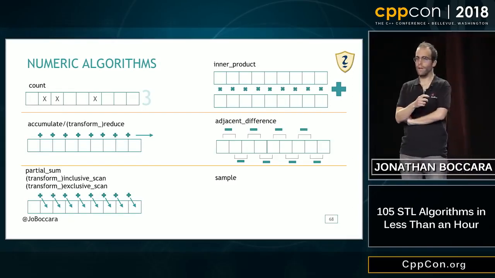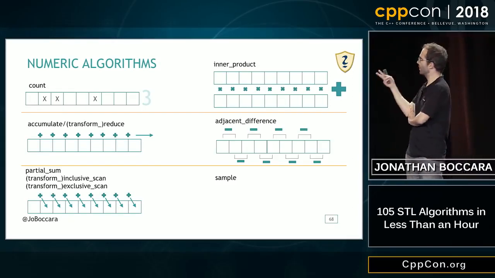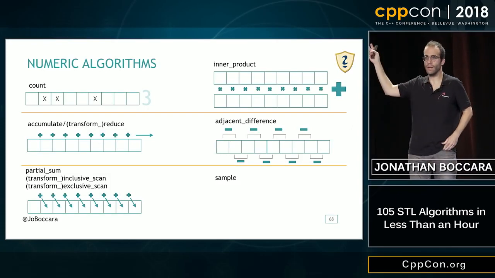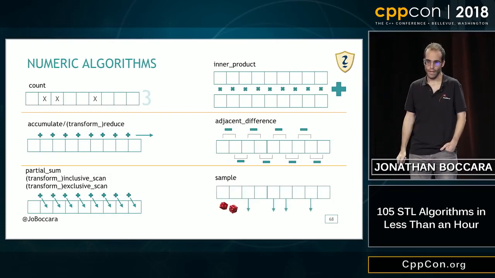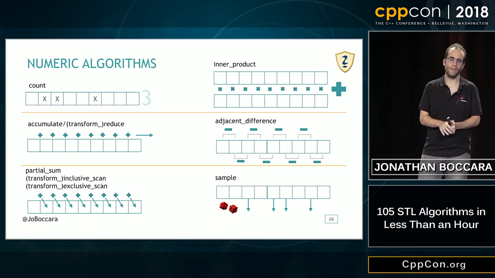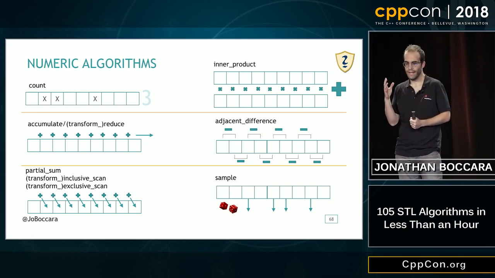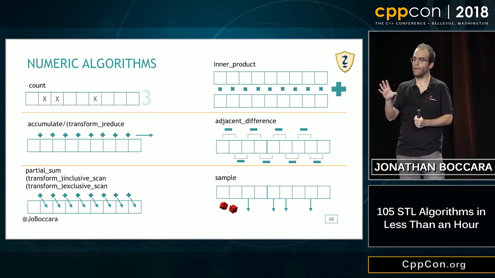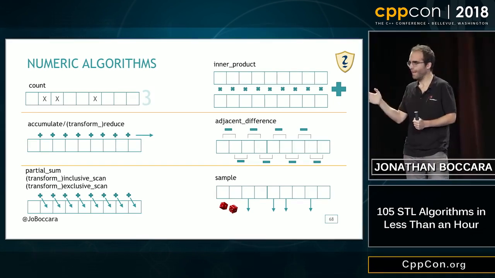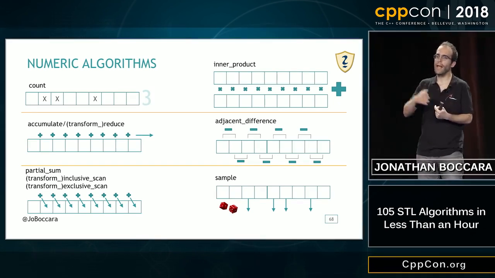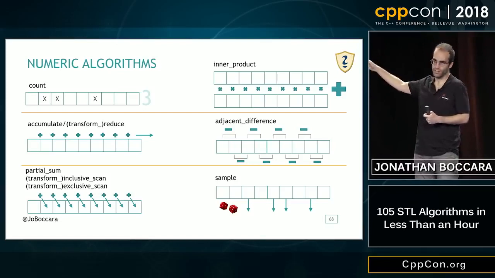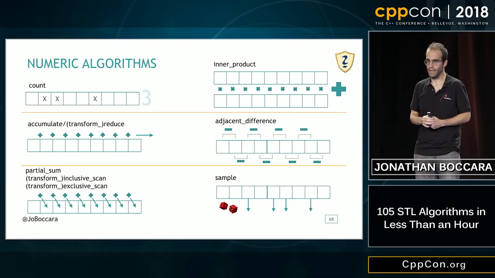Adjacent difference makes the difference between every two neighbors in the collection. And sample, appearing in C++17, takes something that can generate random numbers, and it takes a number, say n, and it produces n elements of that collection selected randomly.